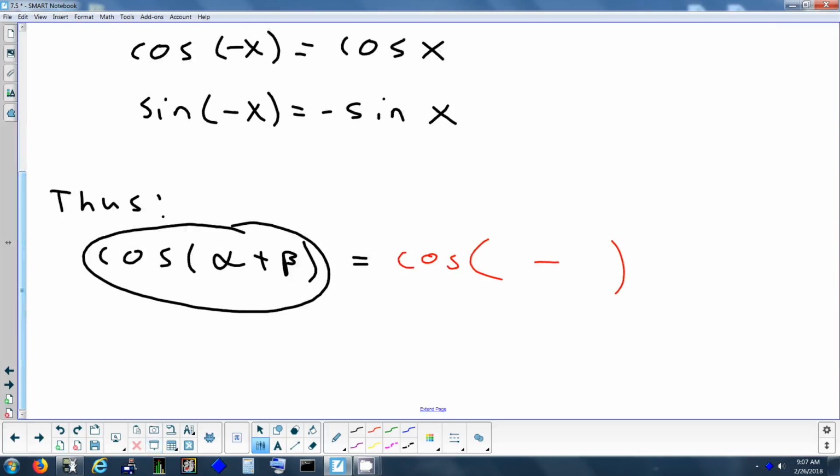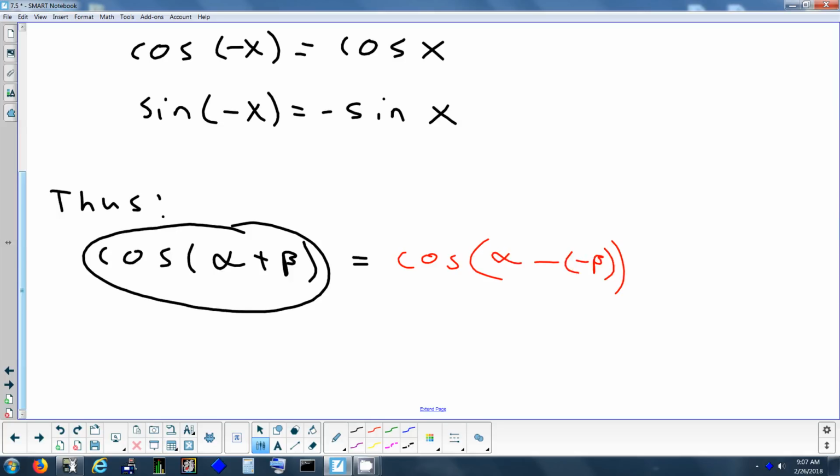This is just basic subtraction rules, that if you subtract a negative, it would turn into a positive. So how would you write it? Alpha minus negative beta. Exactly.